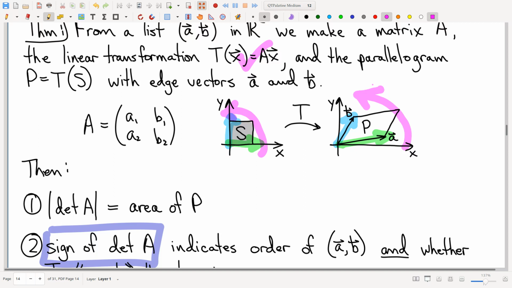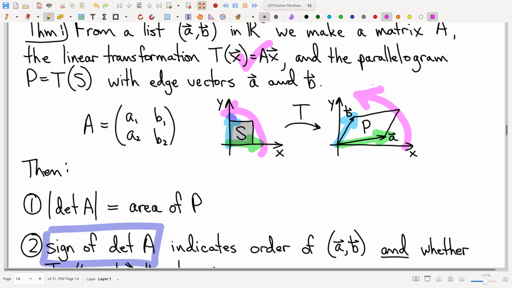It means that handedness order was preserved. Now let's think about how you preserve these orders. What kinds of linear transformations would preserve order? Magnifications will turn counterclockwise into counterclockwise. Rotations will turn counterclockwise into counterclockwise. Shearing transformations will turn counterclockwise into counterclockwise.